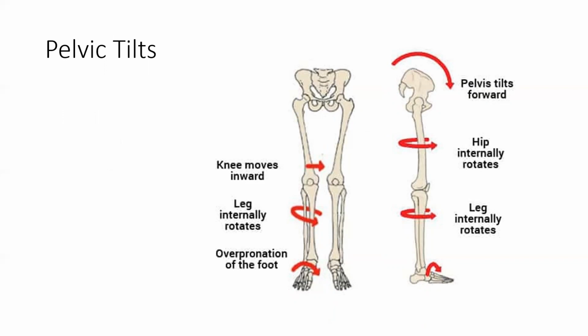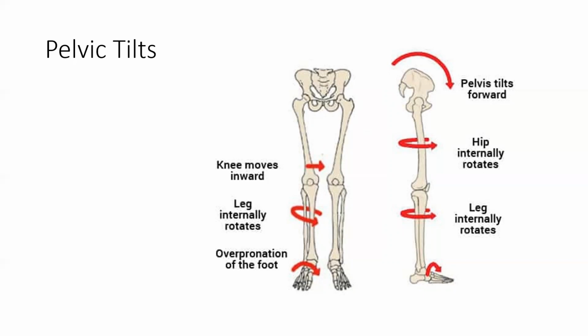And then the rear foot moves into an internally rotated position, leading to leg internal rotation, and the femur adducts, and the hip internally rotates, creating a pelvic tilt forward.